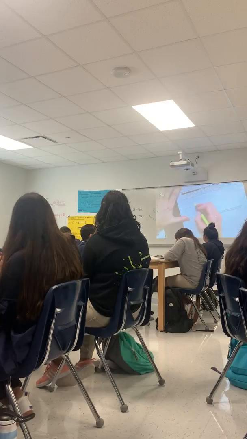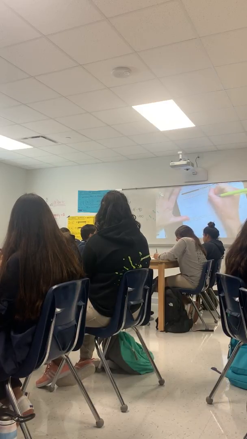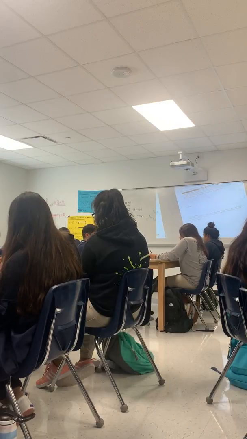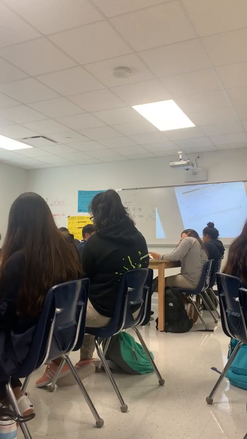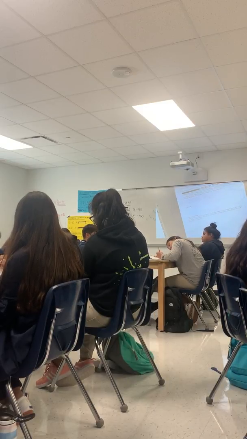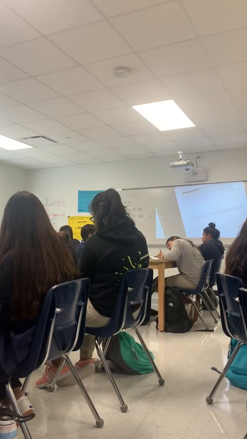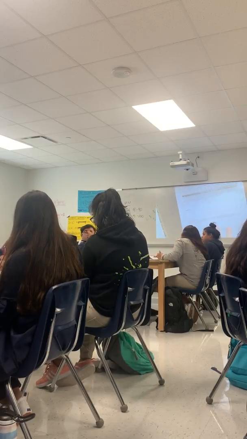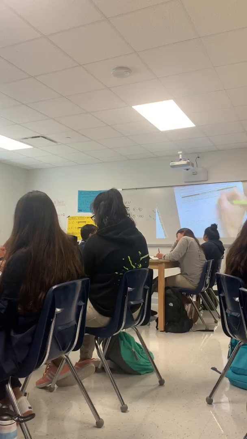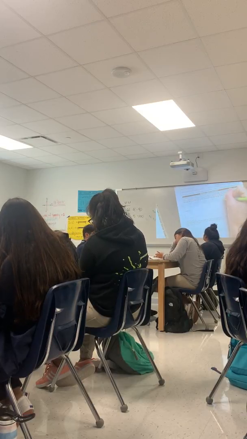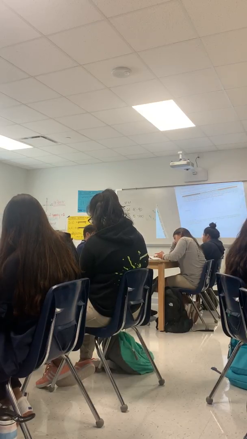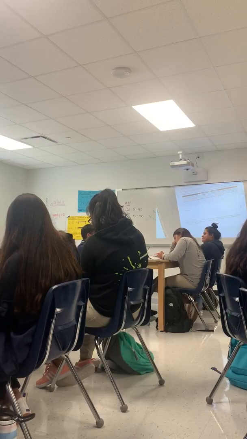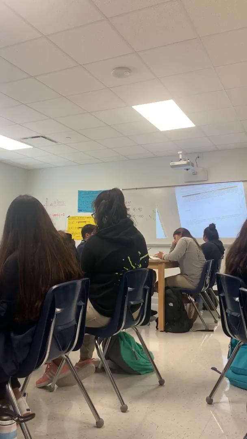Over 1.25 minus 1.75, which is negative 0.5. Now, a lot of us freak out when we're dividing by decimals, which is okay. But this is why you have your calculator if you need to. The difference 16.5 minus 7.5 is 9.